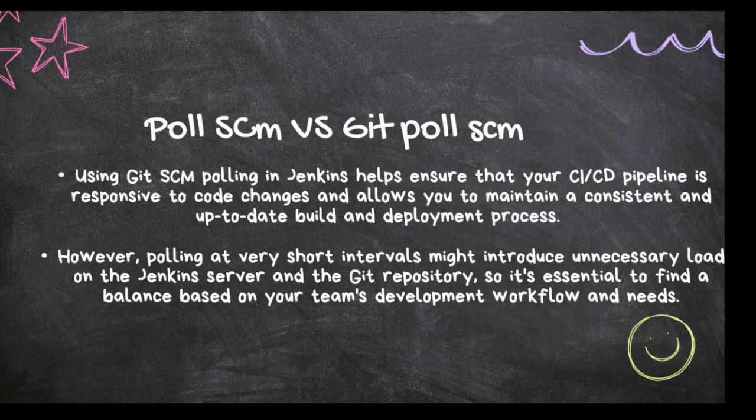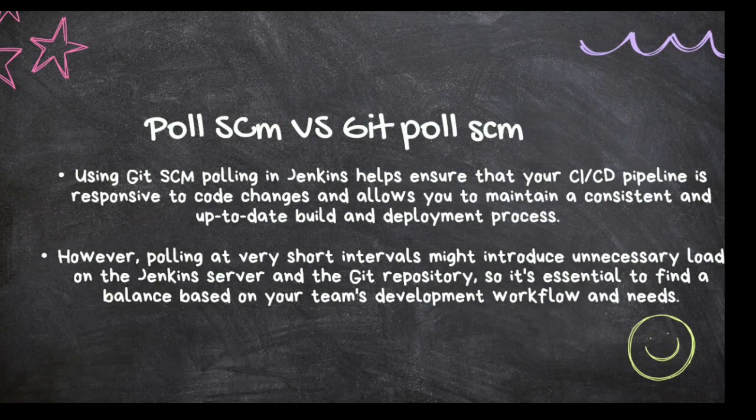In our situation we have mentioned every 1 minute, so every 1 minute it will go and verify whether any changes have been made in that Git repository. If any changes are there, it will push the changes. But with Git poll SCM, whenever changes occur on the particular repo, it will automatically push the change, based upon the selection or whatever configuration we have provided on the webhook.